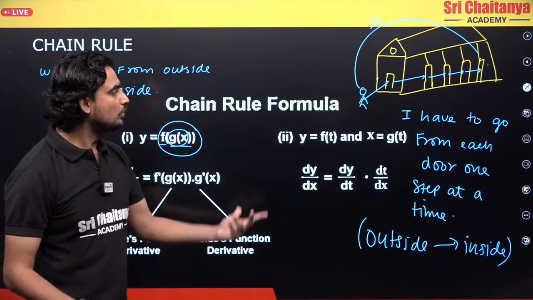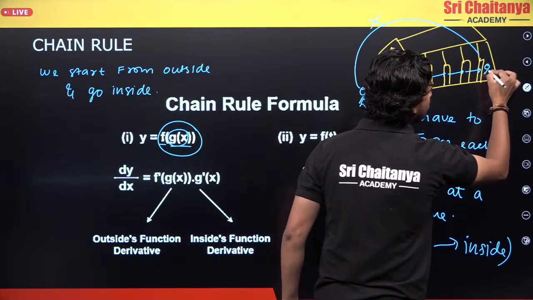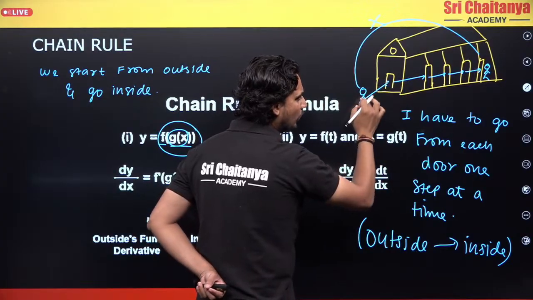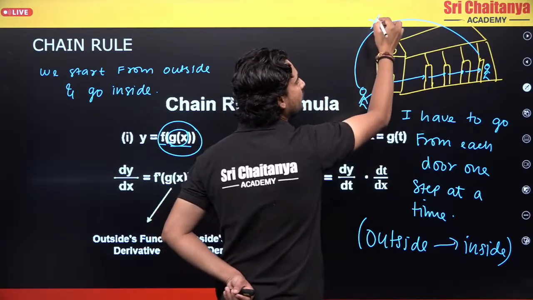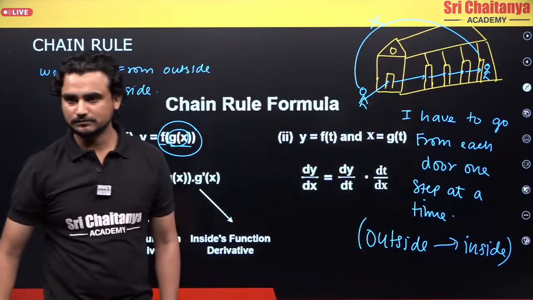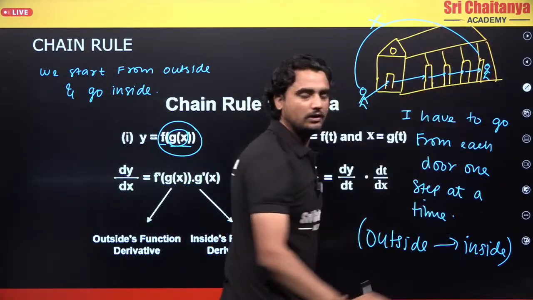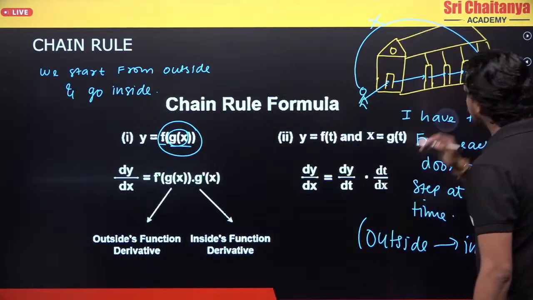My main aim is to reach the last room, and I can reach it only if I go from outside to inside, one step at a time. I cannot jump. Don't use your brain to say, what if we jump from the roof? Not allowed here. Clear? So this is the chain rule we are going to use.